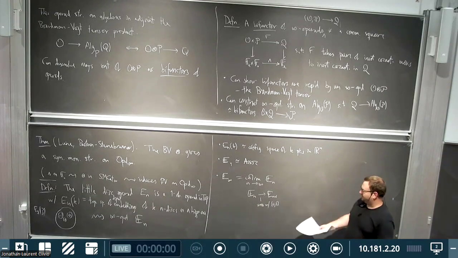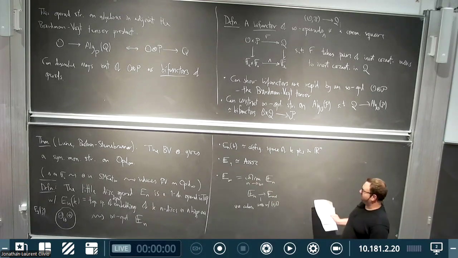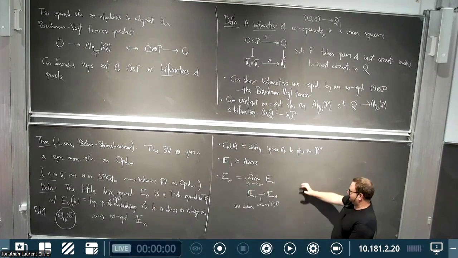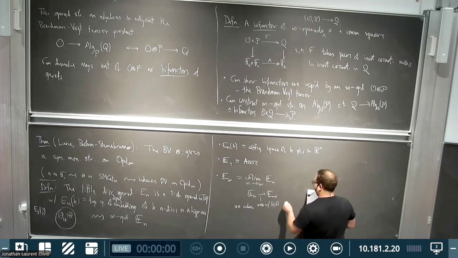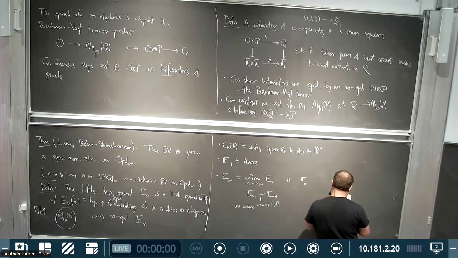So cubes cross an interval, I get out something like this. So then I can talk about E_infinity as a colimit of the sequence.